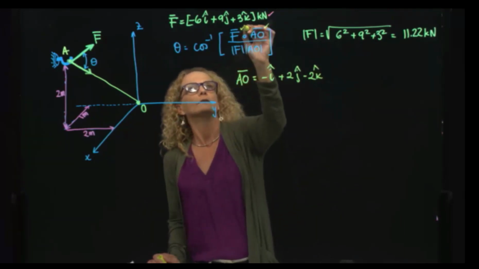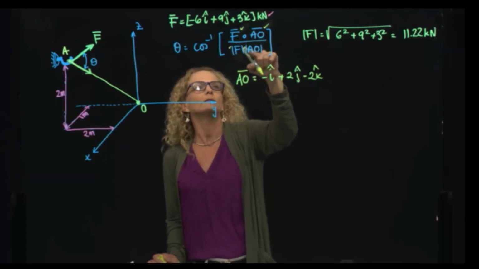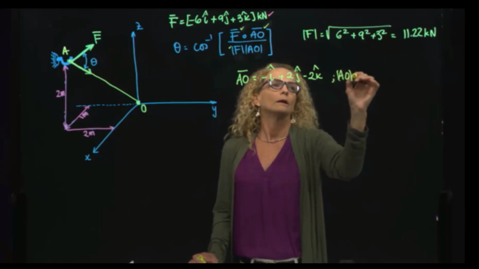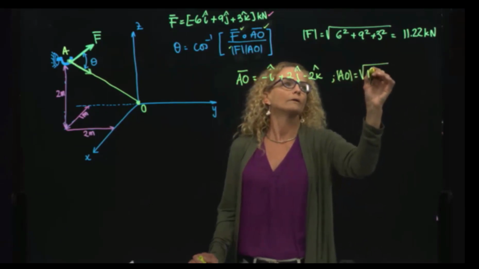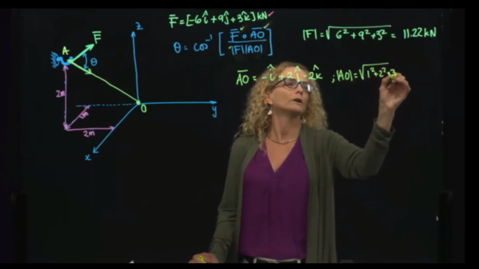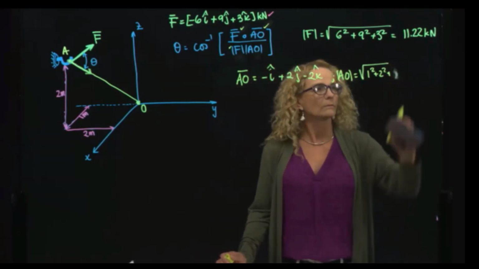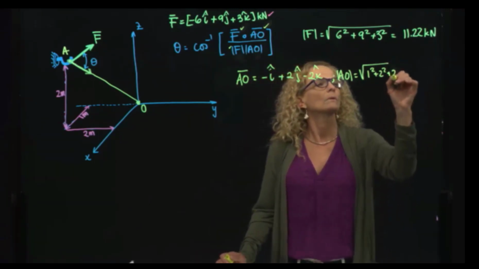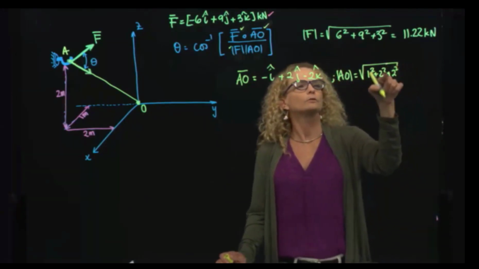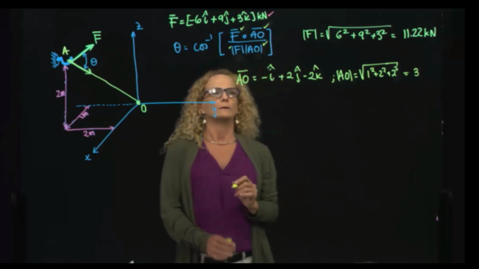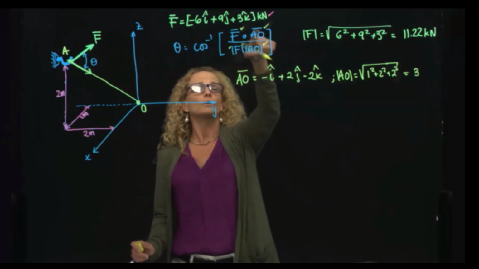We are only missing the magnitude, which will be the square root of 1 squared plus 2 squared plus 2 squared, which gives me the square root of 9, which is just 3. So we found that one right here.